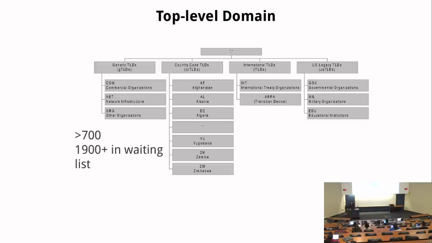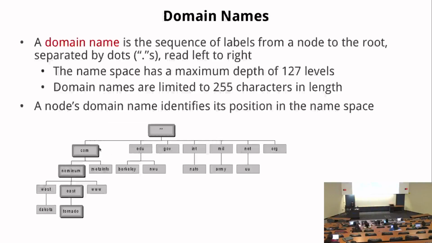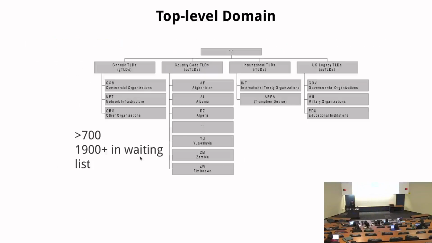The top level domain names, at the edu, gov, com level: I don't know how many there are right now. I think it's more than 1,000 at least. This slide I made several years ago, and at that time there were 700 top-level domain names. So we're familiar with .com and .gov, but there are actually many more than that. In recent years, we have seen top-level domain names that are someone's last name.